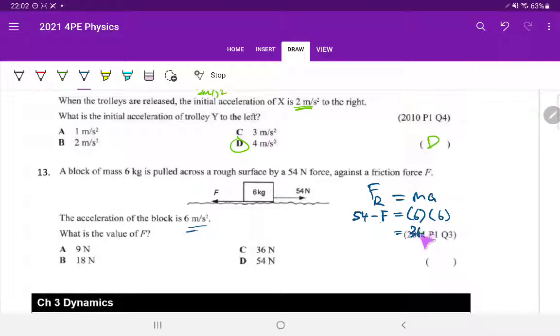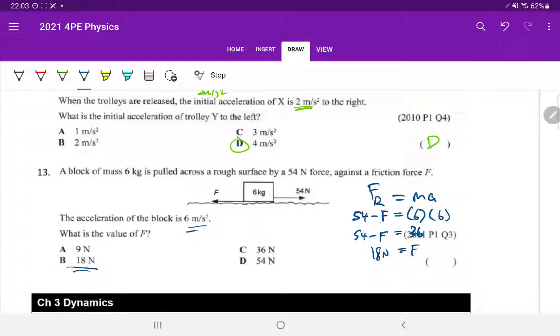So this is 36, 54 minus F. From here it's just math, right? So F equals 54 minus 36, which would look like 18 newtons, right? I hope that's right.